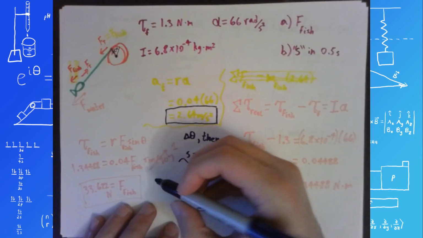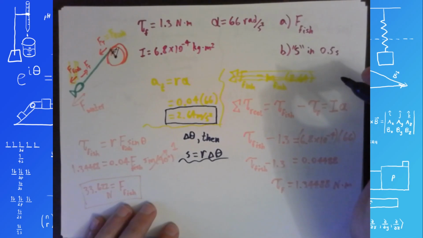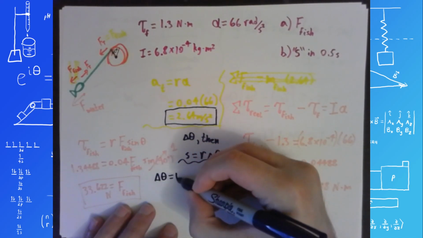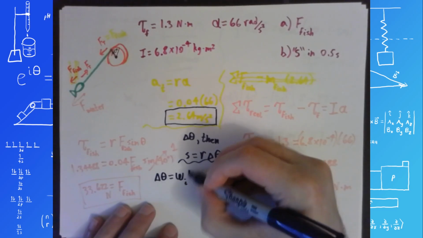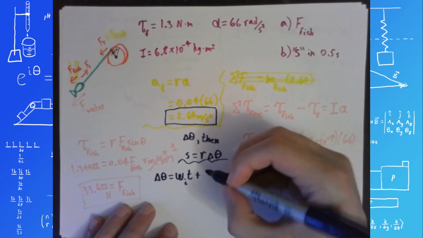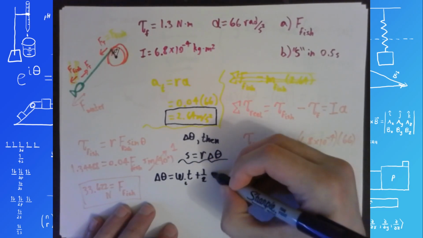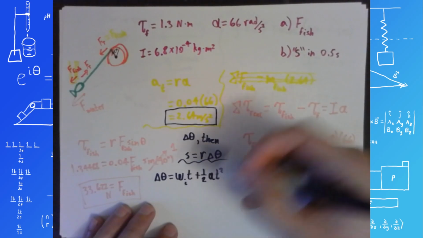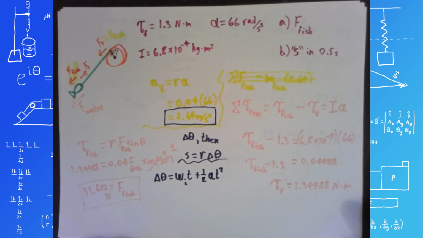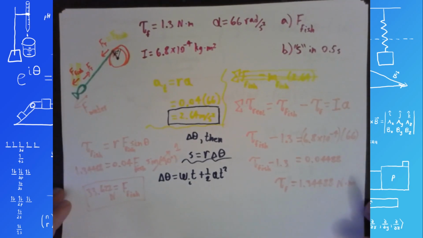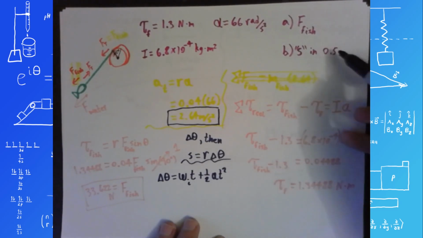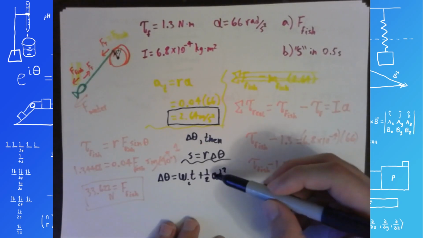So you could either do delta theta equals omega initial times t plus 1/2 alpha t squared. You know omega initial is 0 because the fishing line starts with 0 rotation. It starts from a non-moving state. And you already know alpha, and t is given as 0.5, so you could do that.